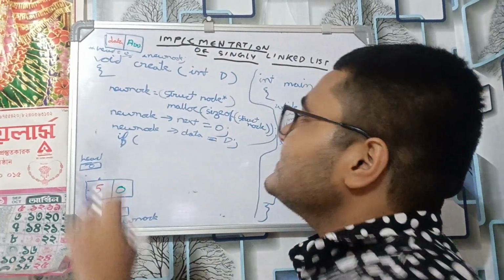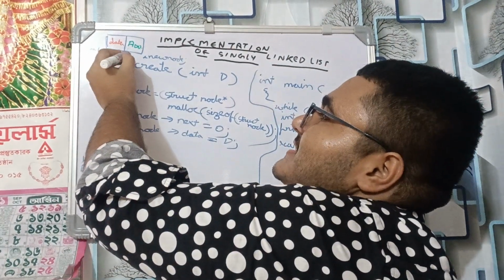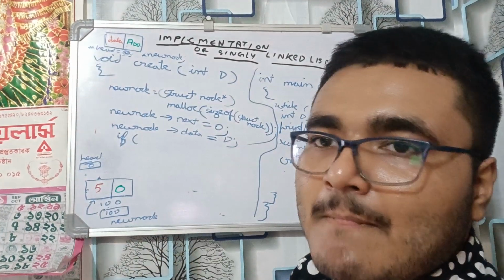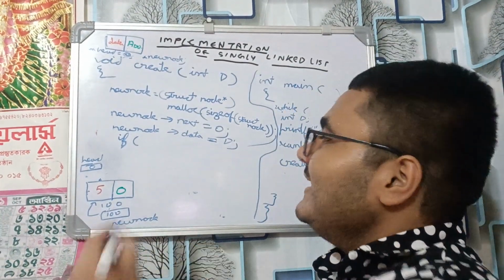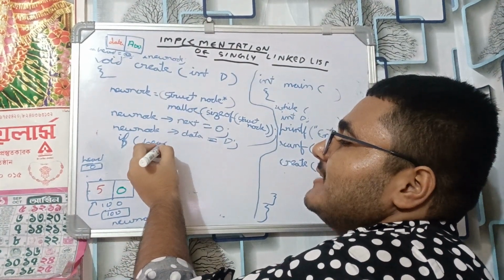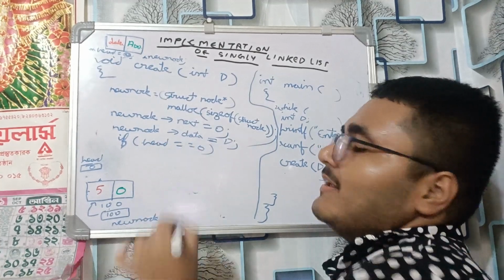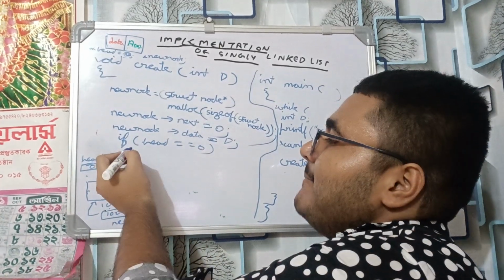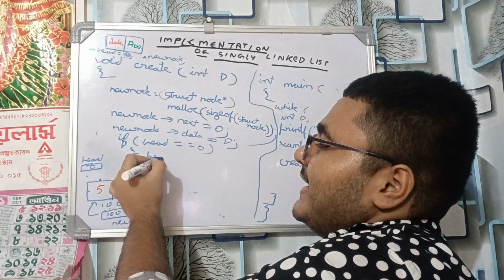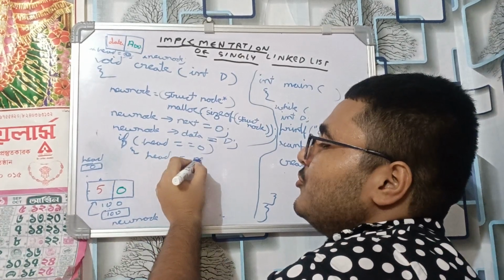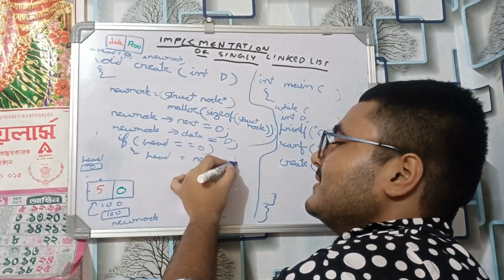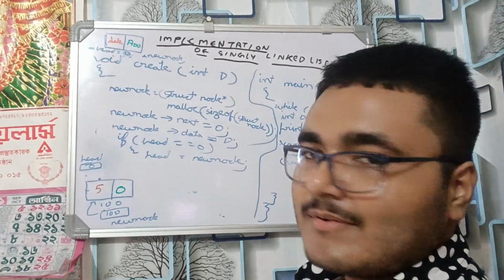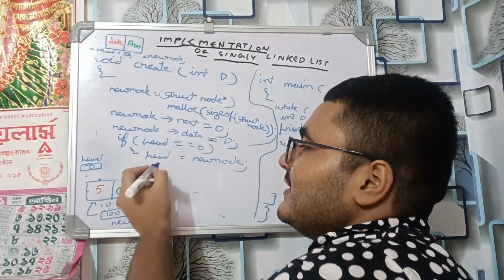Head is initially 0 here. So if head equal to 0, I am doing head equal to new node. Fine.